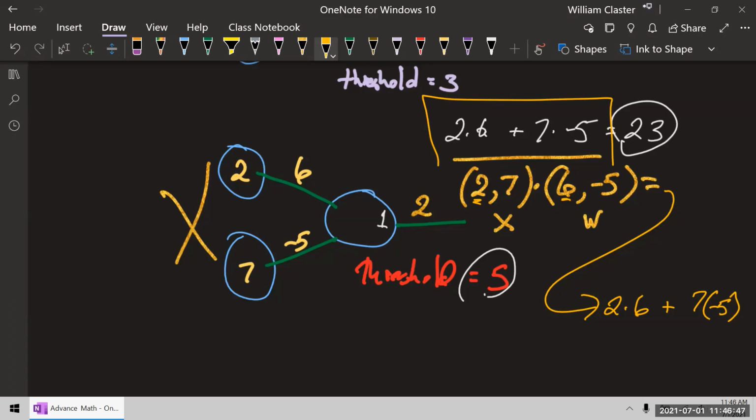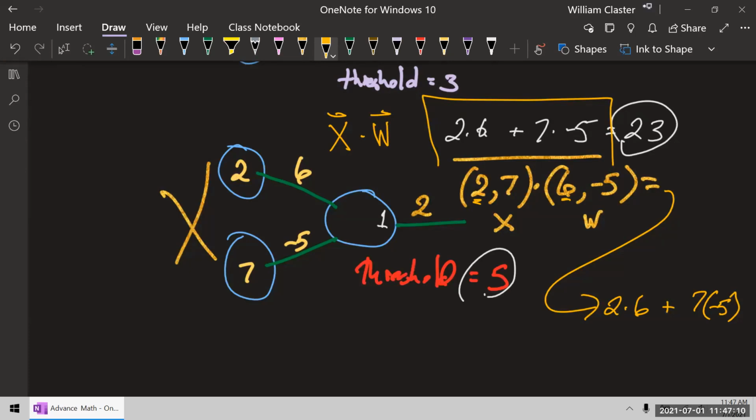Right. So we can say that when we do this calculation, we're doing the dot product of the input vector times the weight vector, right? So we can say this calculation is just X times W. These are vectors.